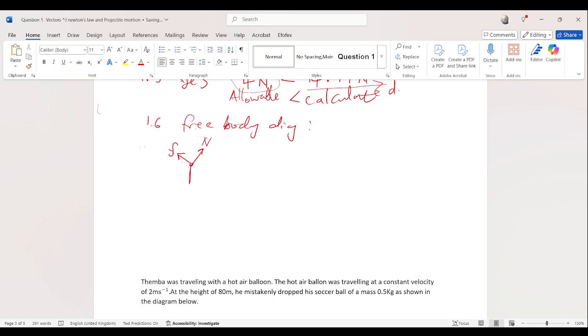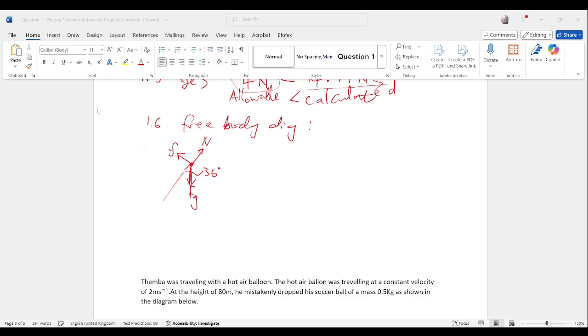There will be force of gravity. And again, this angle is 35 degrees. So this is what we're going to have. That's the free body diagram.